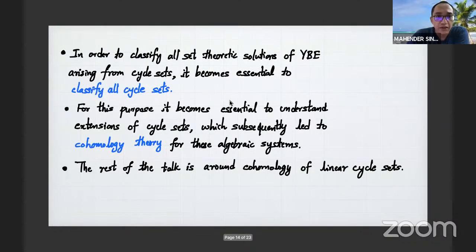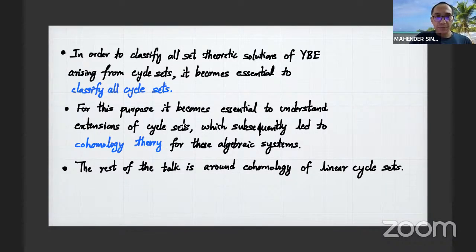And in order to classify cycle sets, let us focus on linear cycle sets. An attempt is therefore to first know how to construct new cycle sets out of the old ones. And as with any nice algebraic system, one has a cohomology theory, and therefore extension theory.